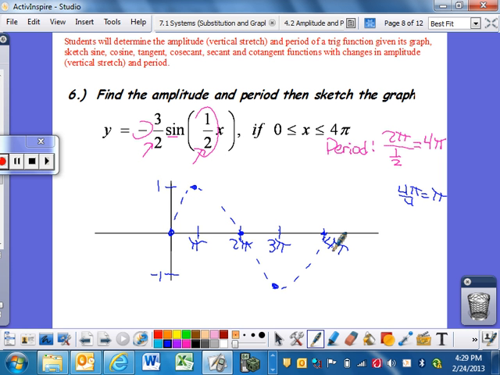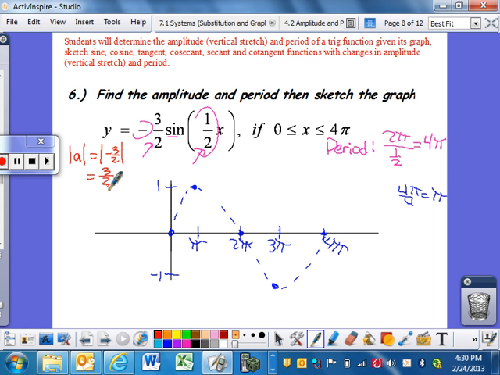The problem is I have a nasty amplitude that I have not seen yet. Now, 2 issues here. I want to talk about what is the actual amplitude. If you look at your blue sheet, amplitude is given as the absolute value. What is the absolute value of -3/2? +3/2. Okay?